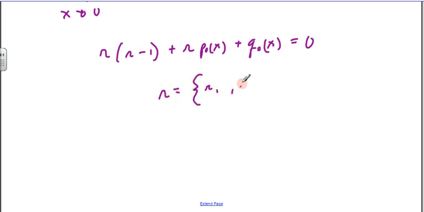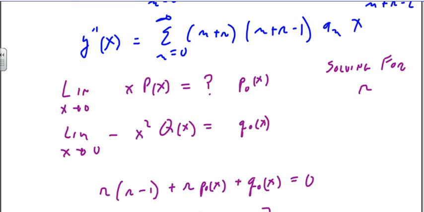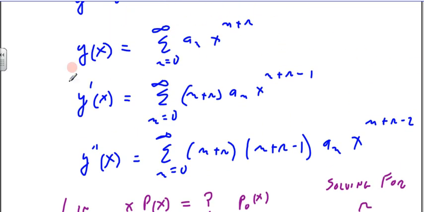We'll call it R1 and R2. We don't know what it is right now, but that's not a problem. Then I can use those R1s and R2s to solve the series approximation.